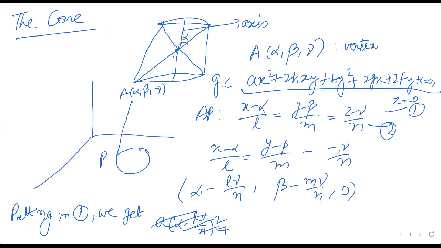देखिए इससे l upon n कितना होगा? How much is l upon n? From this, l upon n will be x minus alpha upon z minus gamma. अगर मैं फर्स्ट और थर्ड इक्वेशन ले लूं तो l upon n will be how much? x minus alpha upon z minus gamma. इस तरीके से एलिमिनेट करेंगे.